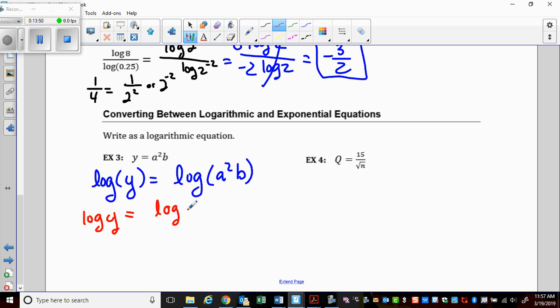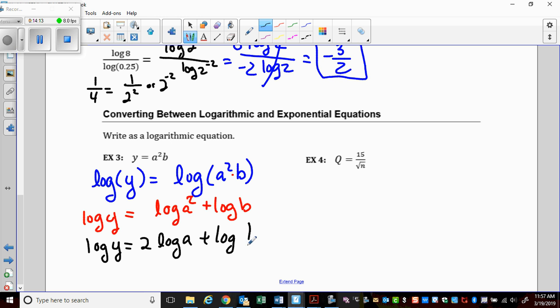Log of a squared. Remember, if we're multiplying, then that means we're going to add log of b. And then my last step is going to be to move this 2 down. That will be the most simplified, or the most expanded. Log of y equals 2 log of a plus log of b.